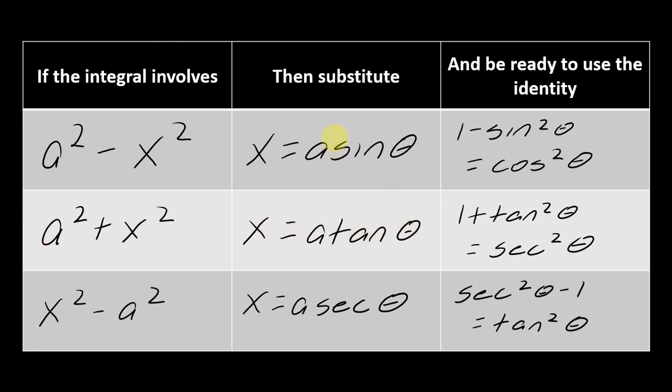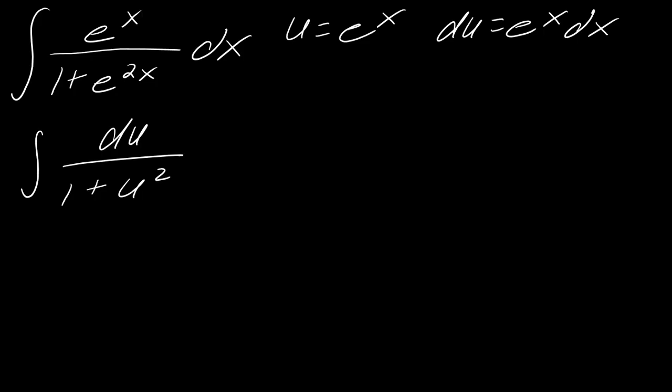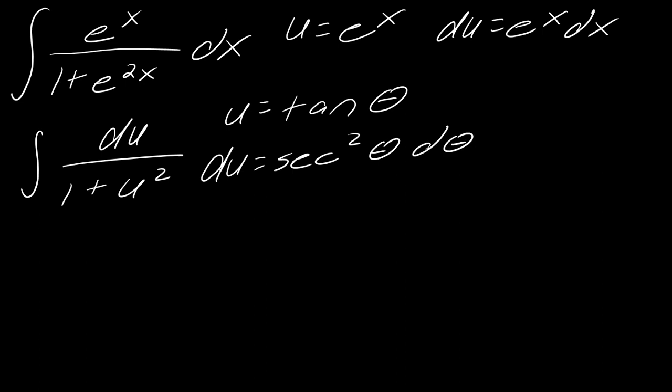In this case, my a will be equal to 1. So let's see. My u in this case is going to be equal to just tangent theta, right? Okay. Now my du then will be secant squared theta d theta.